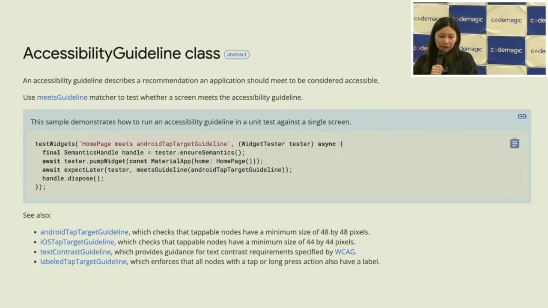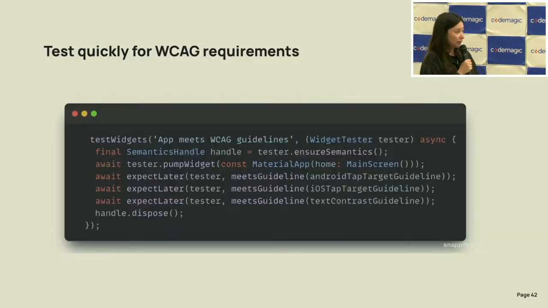So Flutter gives us the AccessibilityGuideline class, which has great matchers with which we can test against the WCAG guidelines. Those are guidelines that the World Wide Web Consortium made to have basically a guideline how we can make apps accessible. So for instance, we can test for Android tap target guideline.